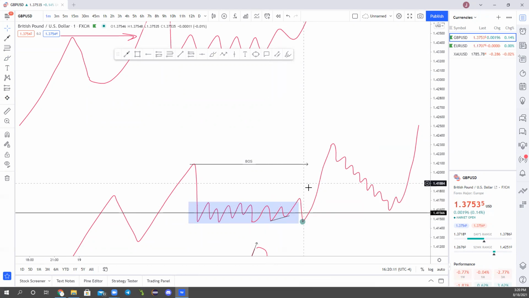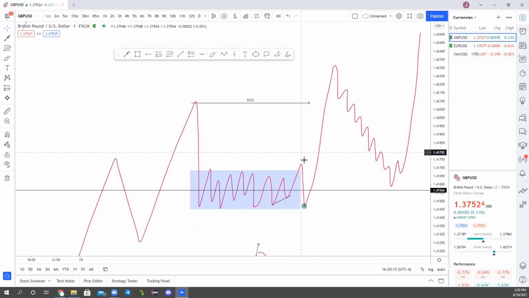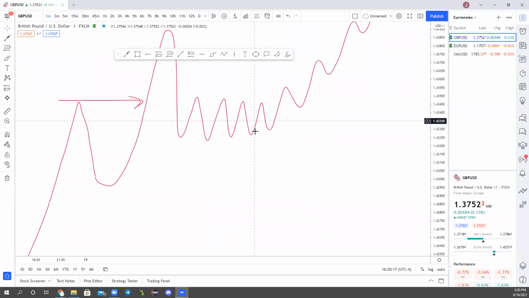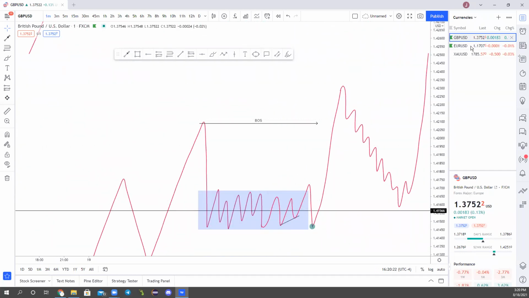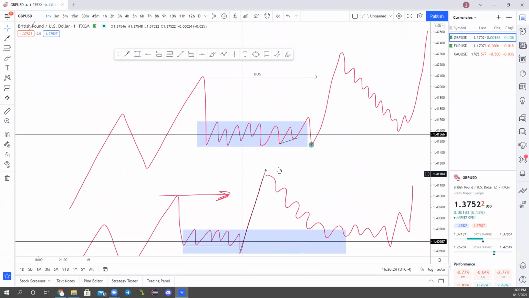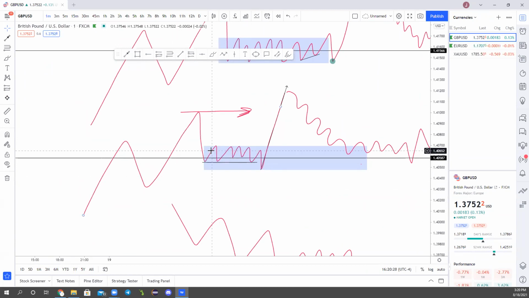So when you see a violent move that causes you to push away, that's good. When you see just chopping and you start to move away, that's bad. That's what you want to avoid with equal lows. So that's the difference. But this is my favorite, and this is what we'll focus on, because this is more valid and it makes more logical sense as to why it works.